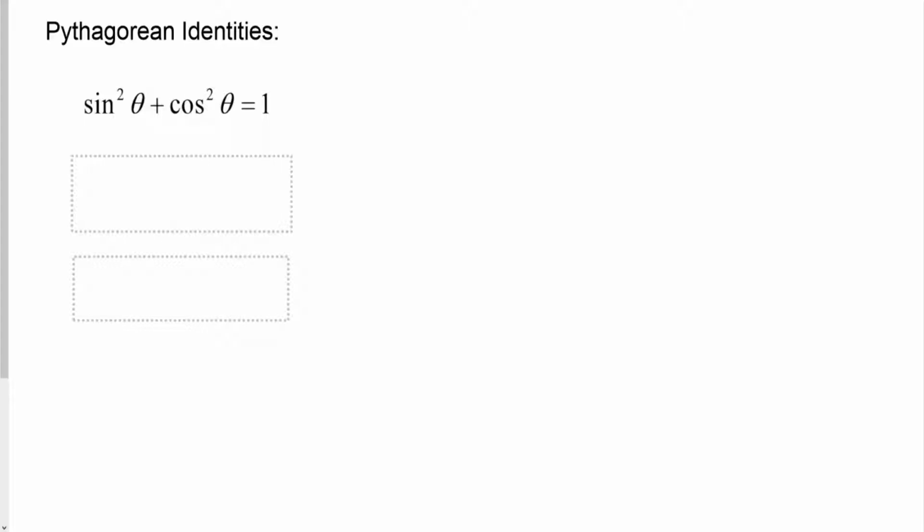Well, why is it true? Let's take a look at that. We know the relationship between x, y, and r. So for instance, if I have x squared plus y squared equals r squared, that's how we defined r.